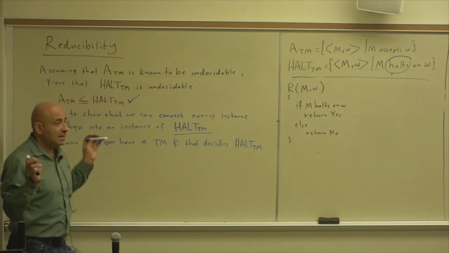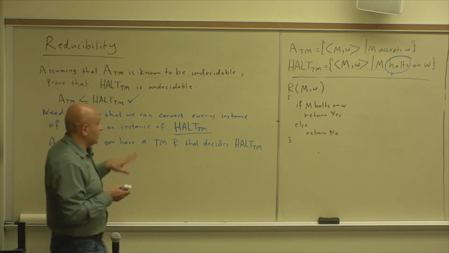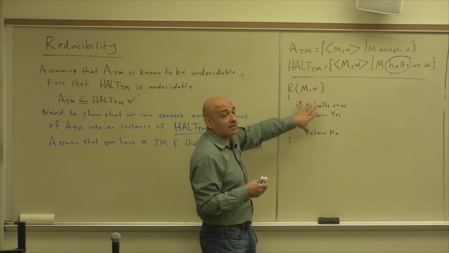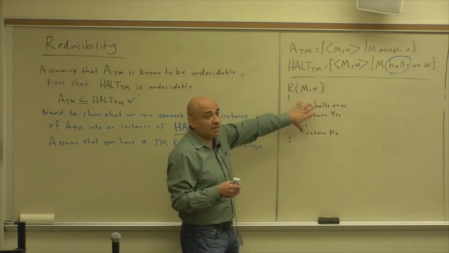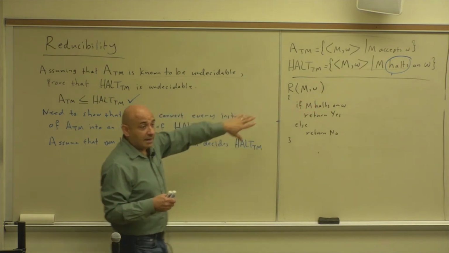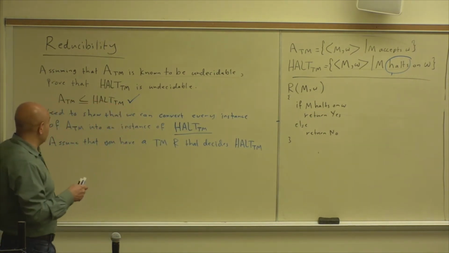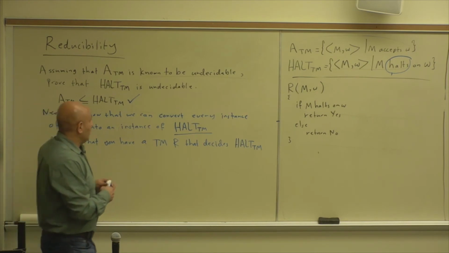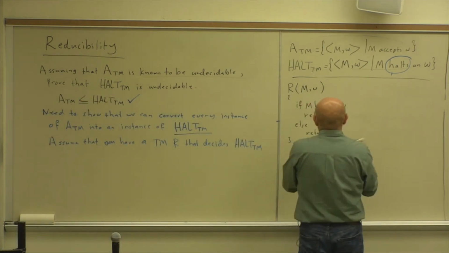I give it any program and any string, and it tells me magically. Of course, we will reach the conclusion that such a program cannot exist. But now we are assuming that it exists, and then we will reach a contradiction with what's given, which is ATM is not decidable.